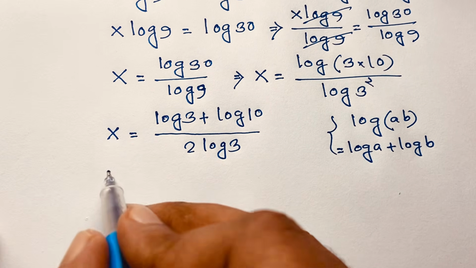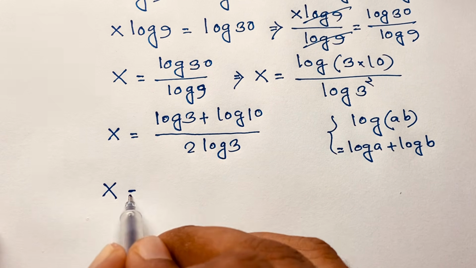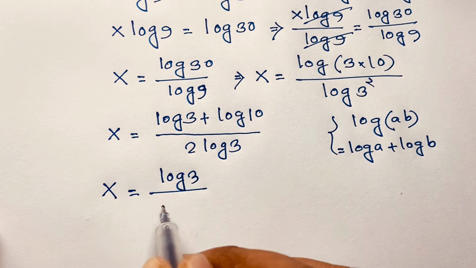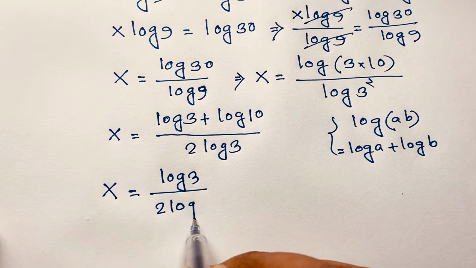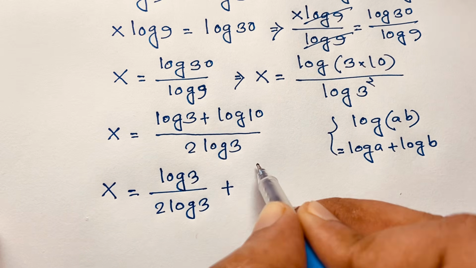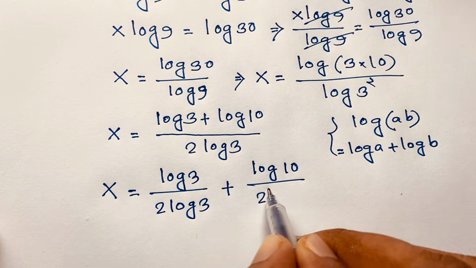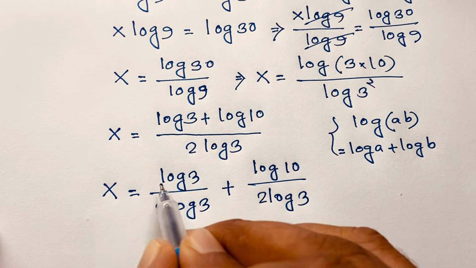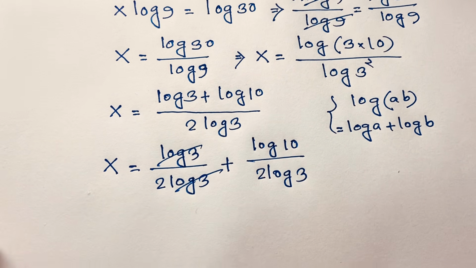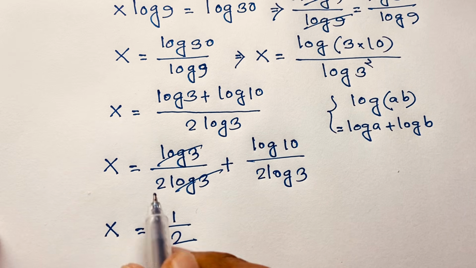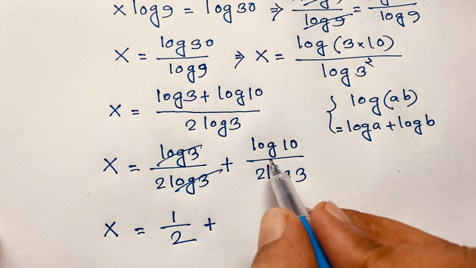Now I separate this fraction, so it will be x equals log 3 over 2 log 3 plus log 10 over 2 log 3. Now log 3 cancels out. We find here x is equal to 1 over 2 plus log 10 over 2 log 3.